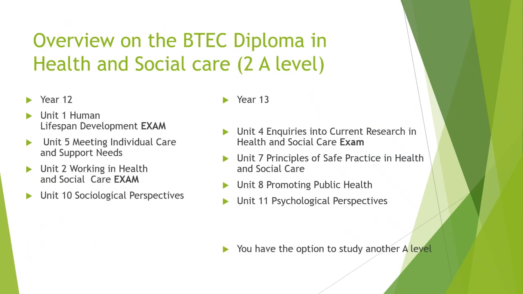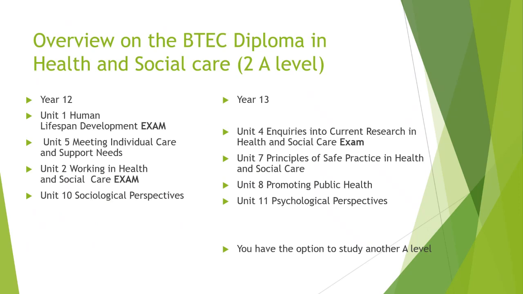Second option, 2 A-levels. As I've already gone through the units for the 1 A-level equivalent, all of those units would be studied in year 12, so Unit 1, 5, 2 and 10. And then moving on to year 13, they focus on Unit 4, Inquiries into Current Research in Health and Social Care.